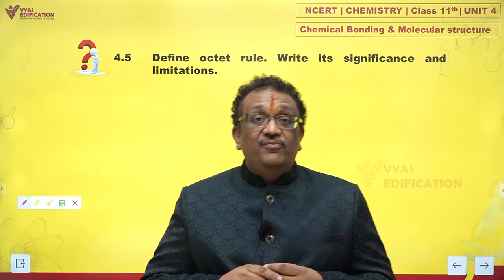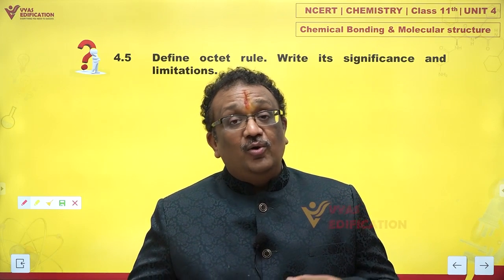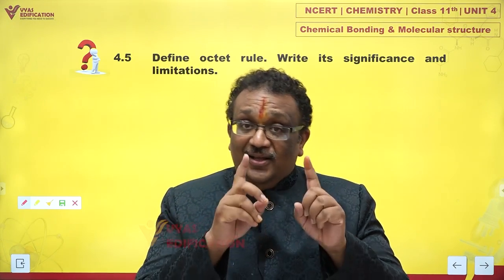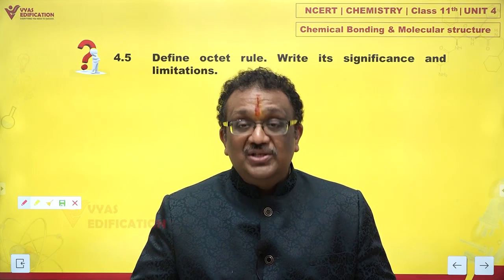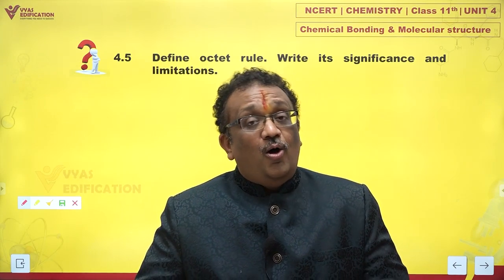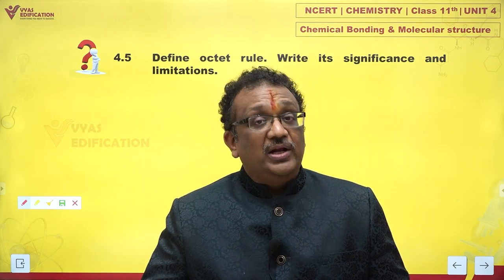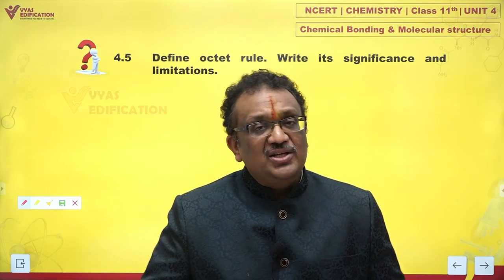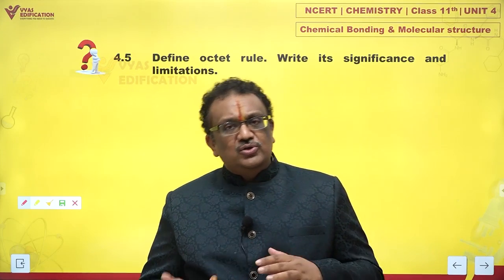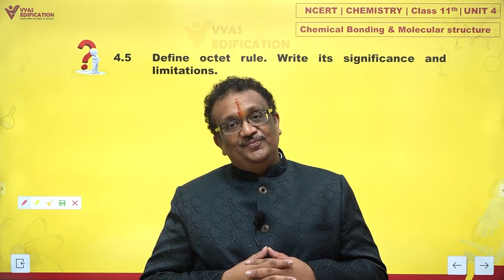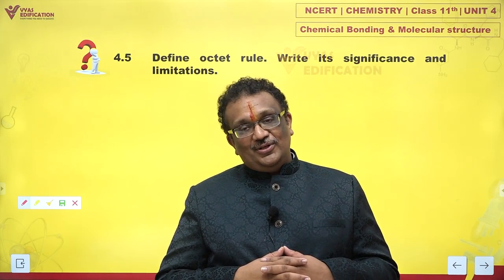So the rule which gave us the first method, some guidelines, of how to write down molecules with the help of atoms, this was the rule. That is a very major significance, and still the octet rule is very popular in writing down the structures in organic chemistry. Organic chemistry largely contains carbon, hydrogen, oxygen, nitrogen atoms, and for them the octet rule works very well. This is the significance of the octet rule.